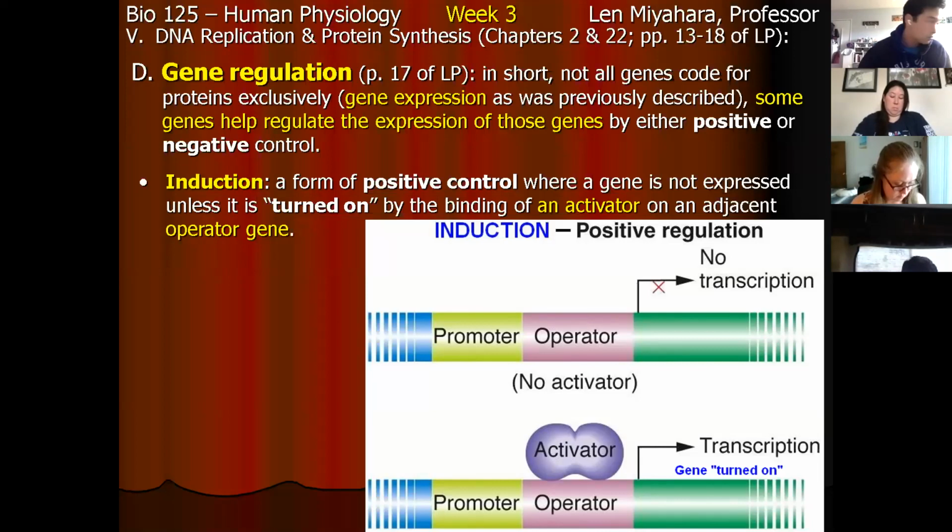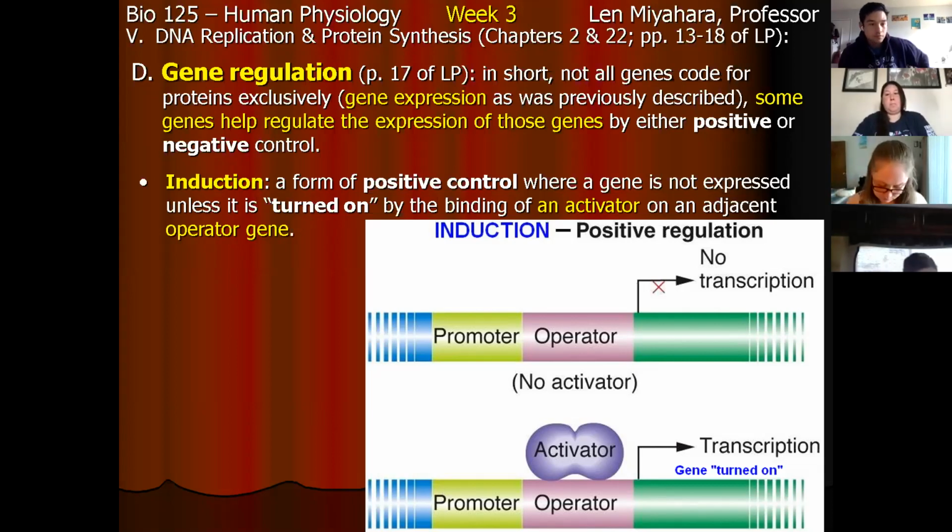We will compare it to what I'm going to cover on Monday. But all we've covered so far on page 16 is the top half. Now this topic of gene regulation is on page 17. There are 2 forms, and you need to know both of these forms on lecture exam 1.